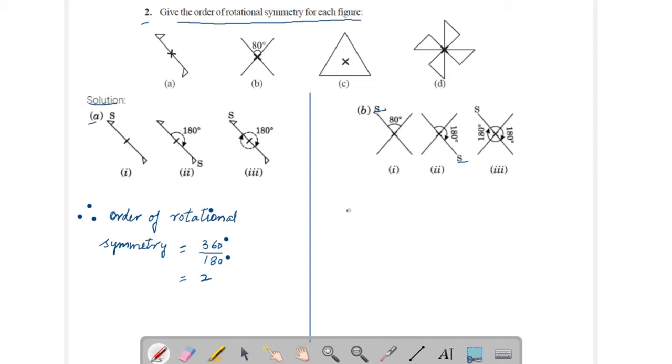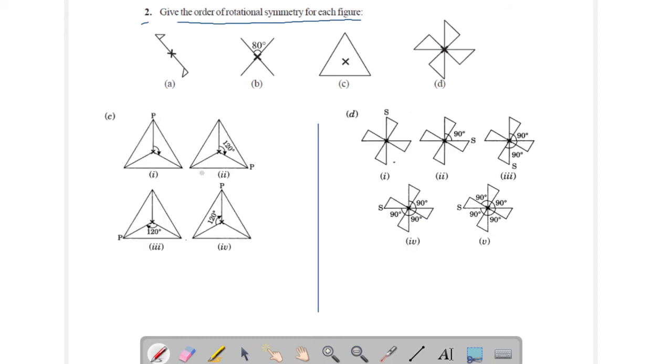Therefore, order of rotational symmetry equals 360 degrees divided by 180 degrees. After solving, what will you get? 2. This is your order of symmetry.